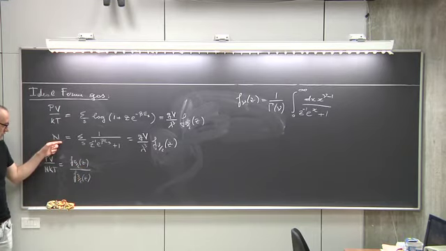So this is just z times the sum n from 0 to infinity of minus 1 to the n, and there is a z to the n, over n plus 1 to the nu.